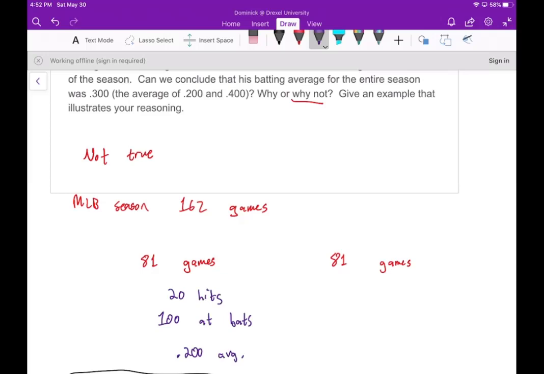Right? Now, let's say that in the second half of the season, you got more at-bats. So let's say that there were 400 at-bats. Right? And we want to say that we got a hit 40% of the time. So then that should be 160 hits. And this would give us an average of .400.